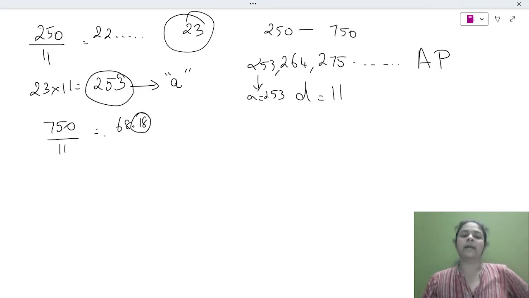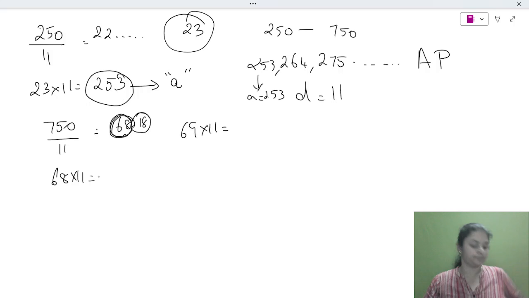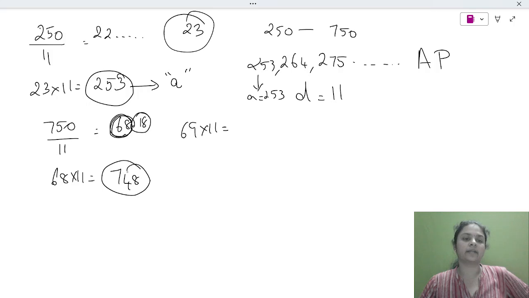We can leave this decimal, which means if I do 69 into 11, it will be 759, which is more than 750. So we have to try 68 into 11, which is 748.